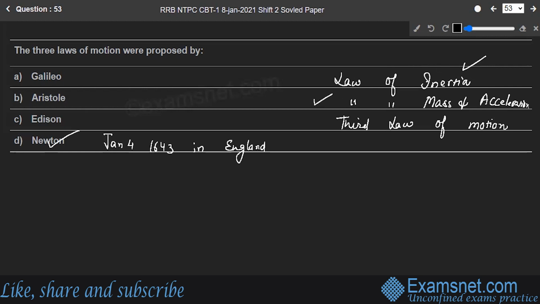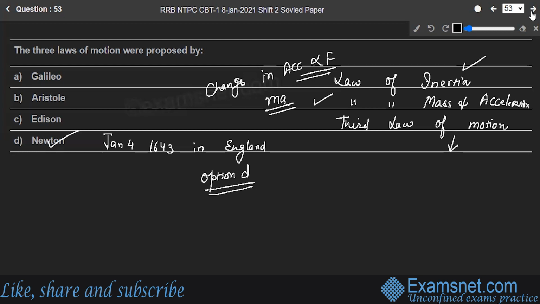The law of mass and acceleration, that is the second law, says force is equal to mass into acceleration, and a change in motion is proportional to the force applied. Acceleration is directly proportional to the force applied. Third law says for every action there is an equal and opposite reaction. So Newton is the correct answer for this question, option D.